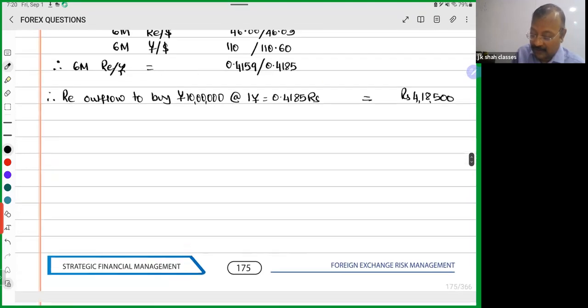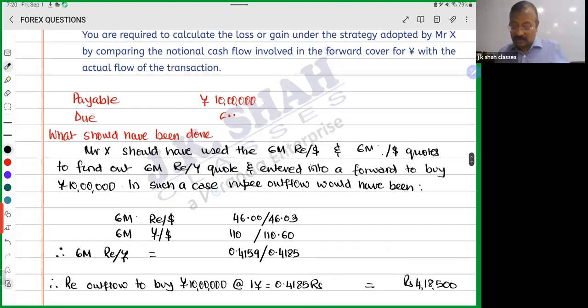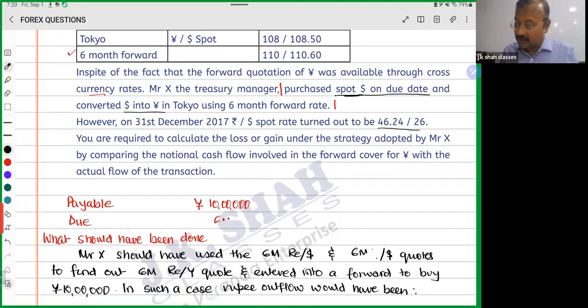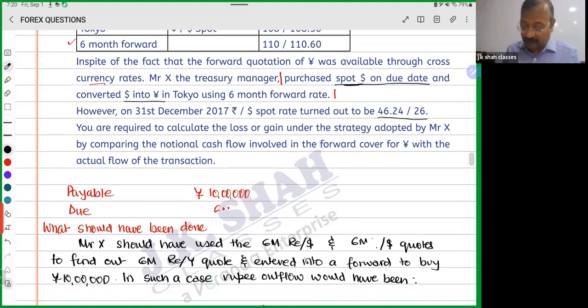Now, what is the quote? Is then 6 months spot call. Rupee dollar turned out to be 46.2426.